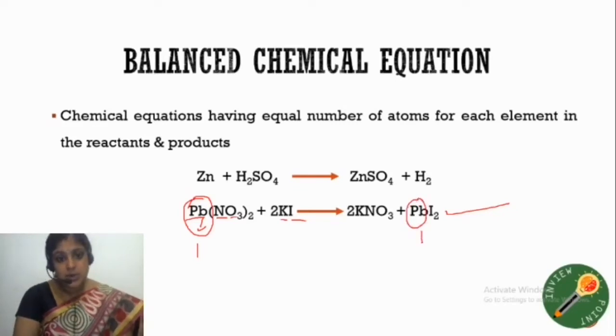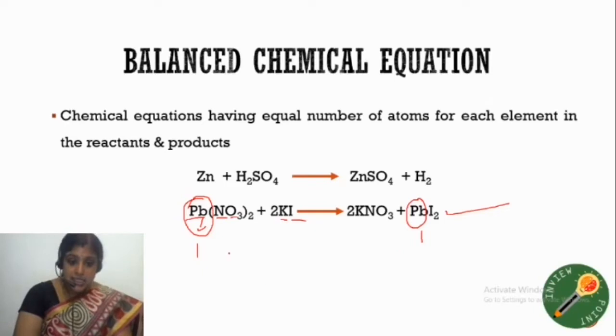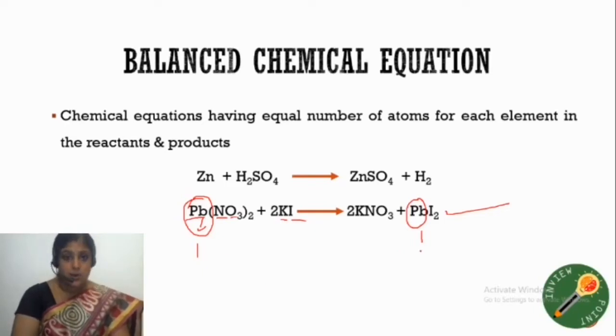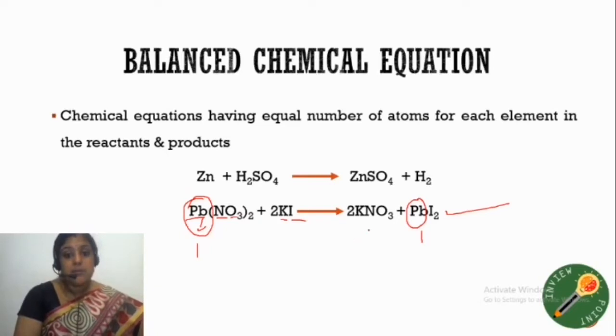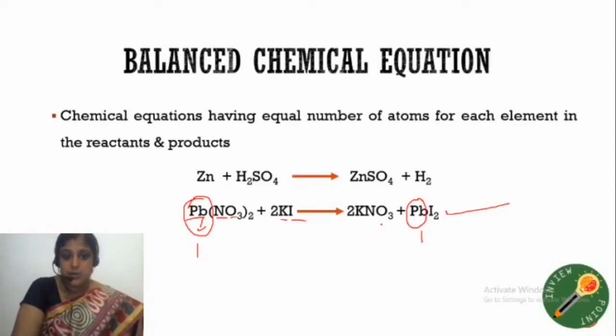Is it clear, students? So we can see the number of atoms of lead in the reactant side and product side is equal. We have to see that the number of atoms for all the elements should be equal in the reactant as well as product side. Then only the chemical equation is balanced.